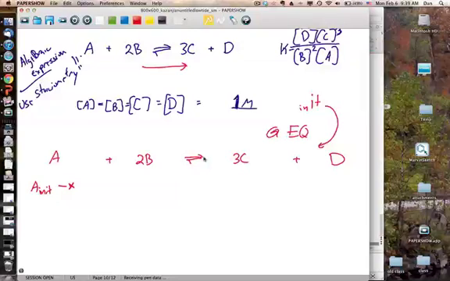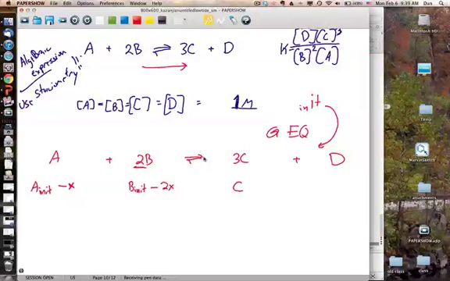How much B would be consumed? If 1 A was consumed, how many B's would be consumed? It'd be twice as much because of the stoichiometry. So we could say B initial, whatever would be consumed would be minus 2X. At equilibrium, we can also talk about C. Notice this is a product.